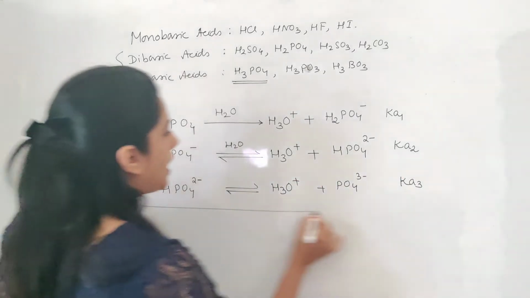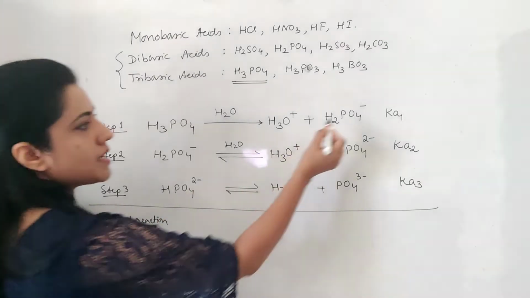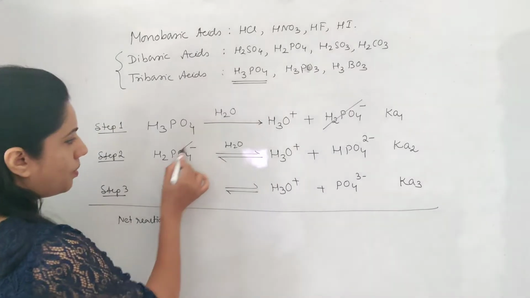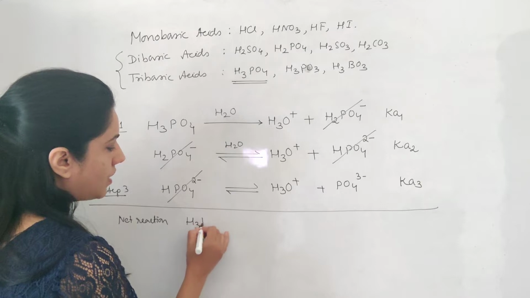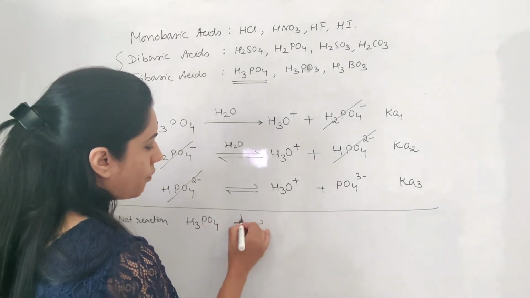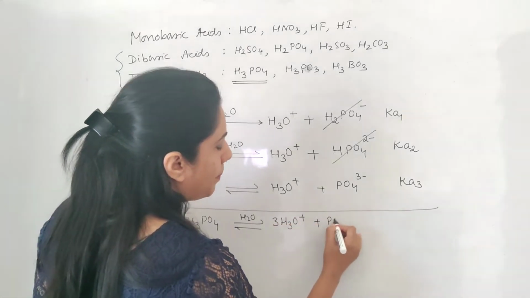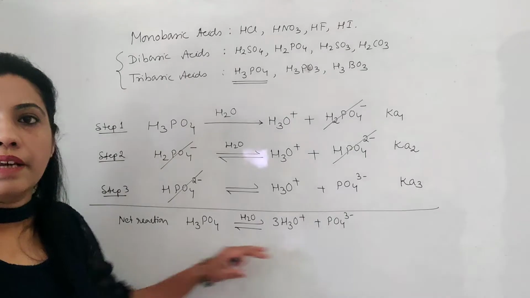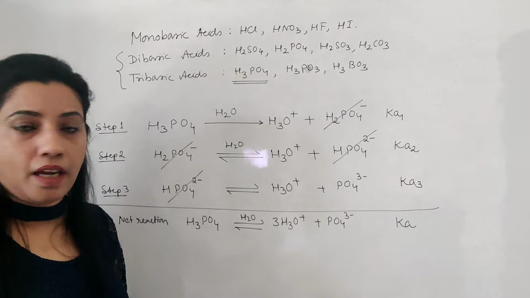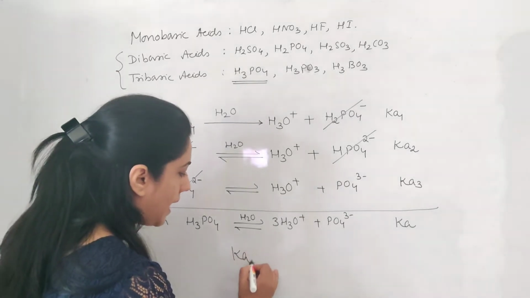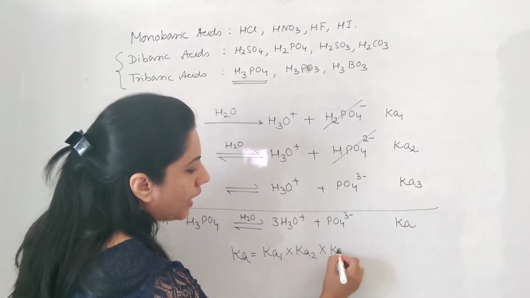Now if you see the net reaction, what is basically happening here, you will see this H2PO4 minus and this H2PO4 minus will get cancelled, so you get H3PO4 in presence of water will give you 3 hydroxonium ion and PO4 3 minus. This is the final net reaction, and suppose the Ka value for this net reaction is Ka. So Ka will be obtained as Ka1 into Ka2 into Ka3.